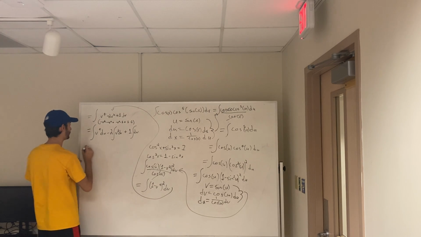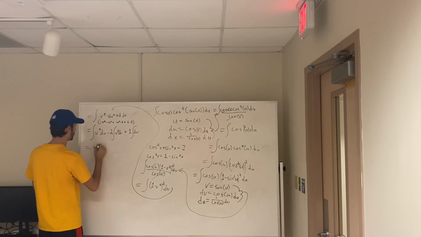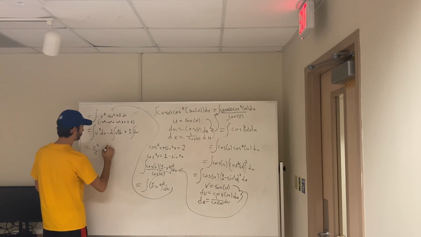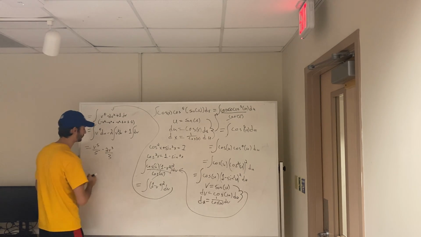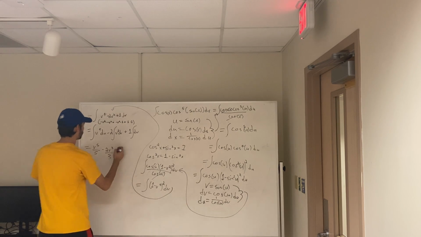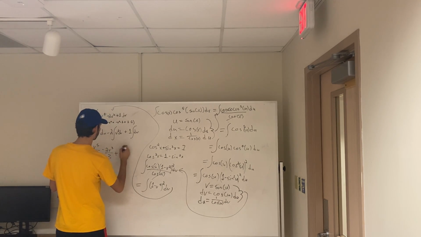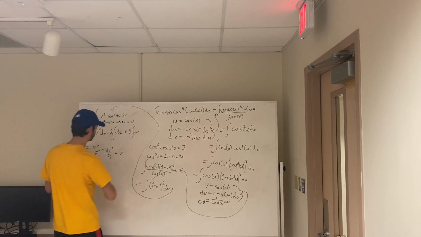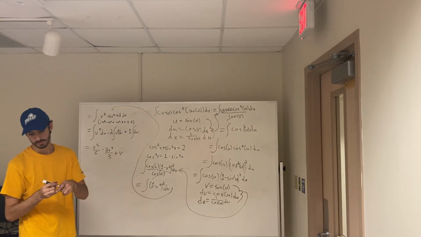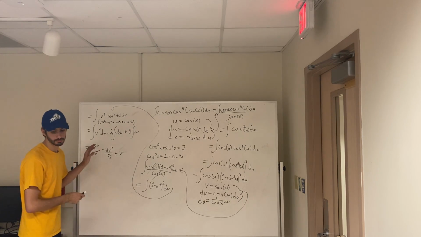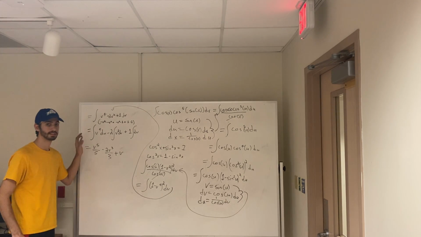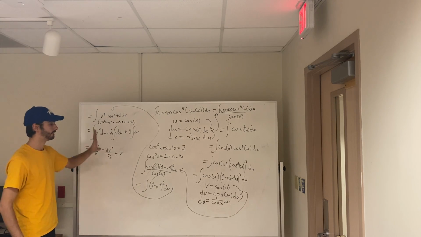So we're going to have v to the 5 over 5 minus 2v cubed over 3 plus, nope, plus v.